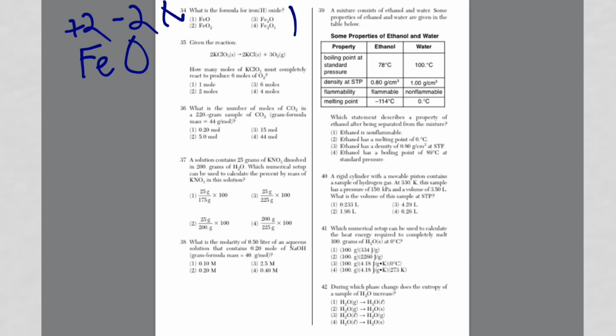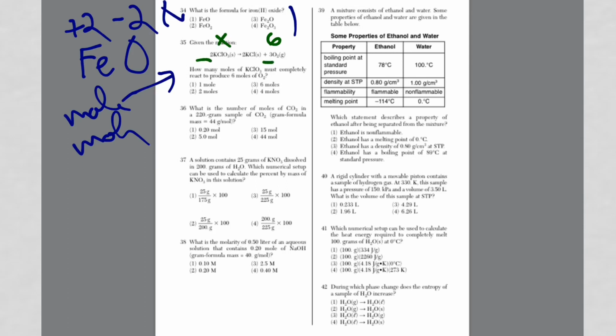For 35, how many moles of KClO3 must completely react to produce 6 moles of O2? This is, for 35, a mole stoichiometry problem. You only have to worry about mole problems, and it's real simple. You have 6 moles of O2, and you're looking for the moles of KClO3.